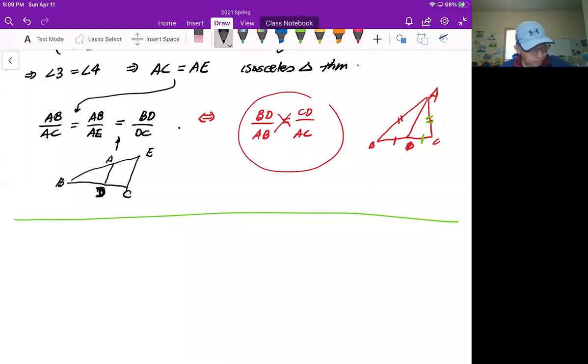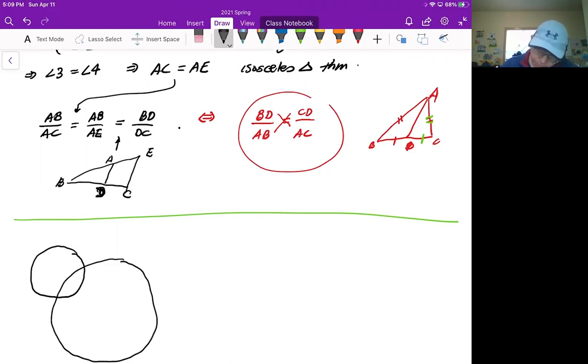This is hard. So you get two circles intersecting with each other, and then you get, let's see, I know it's hard.